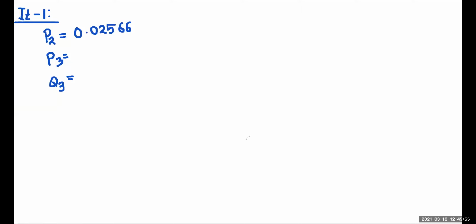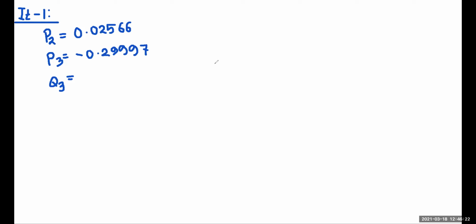You got something like this, minus 0.3. Do not write 0.3, keep it like this, that means 4 or 3 digits, something like that.